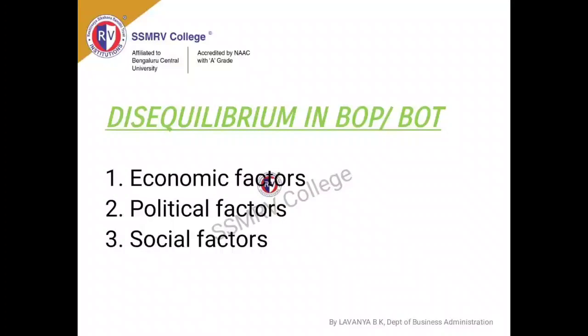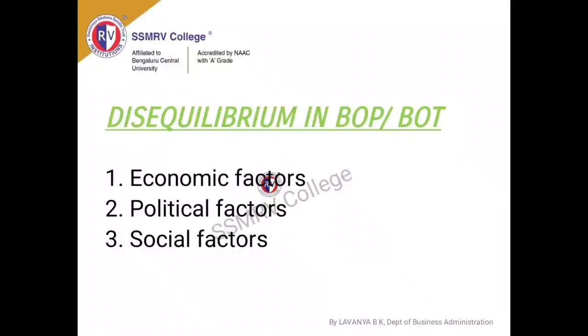And you can classify the economic factors or causes into three: development disequilibrium, cyclical disequilibrium, and secular disequilibrium. So any disturbances or differences that happen with respect to the economy in the country can be labeled as economic factors causing disequilibrium in BOP.